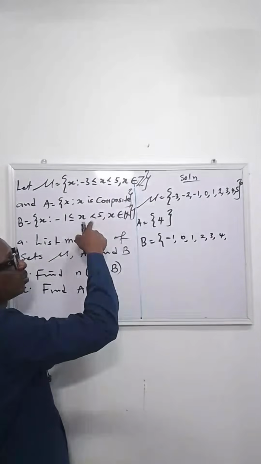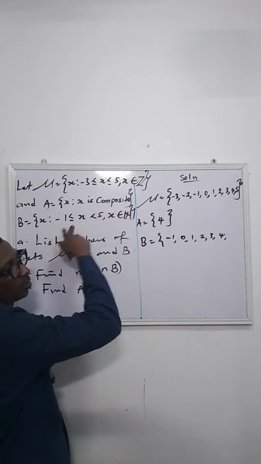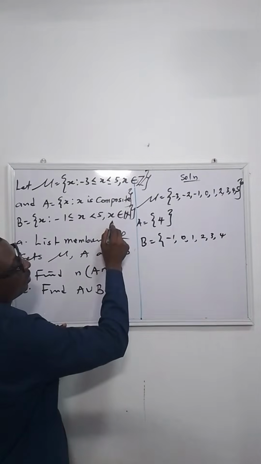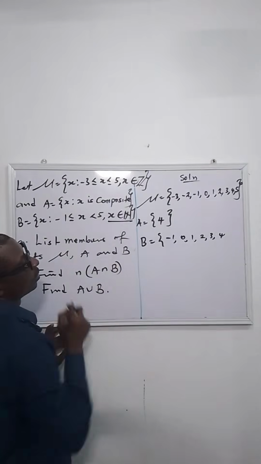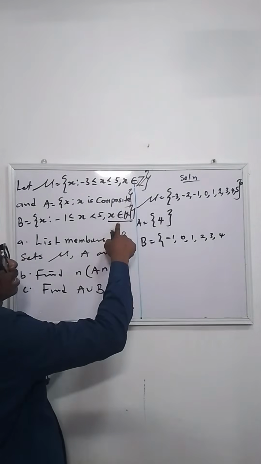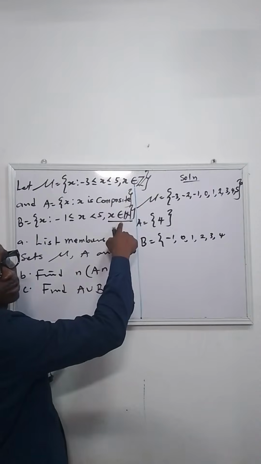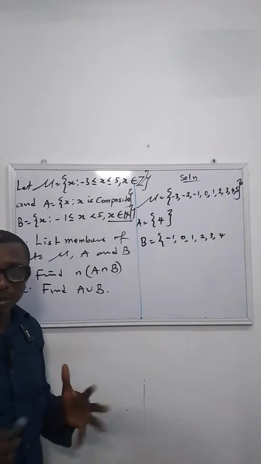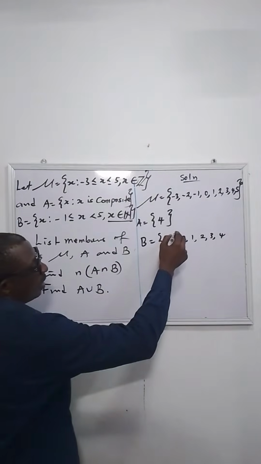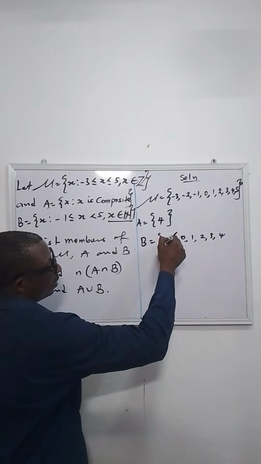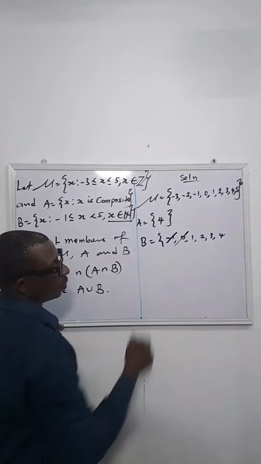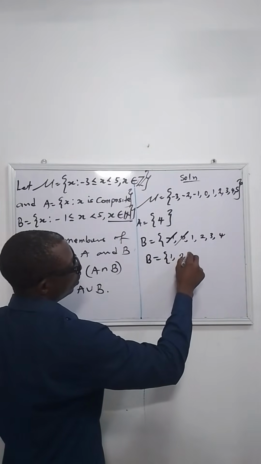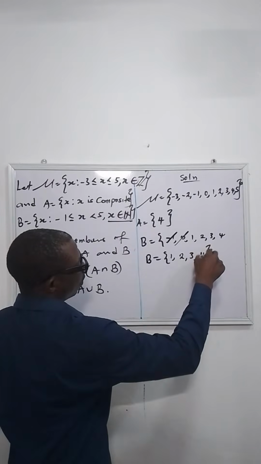The values of x must be less than 5. The second thing you need to look at: x are natural numbers. What are natural numbers? They are simply counting numbers. So that means we disqualify negative 1 and 0. The set B is now going to be 1, 2, 3, and 4.